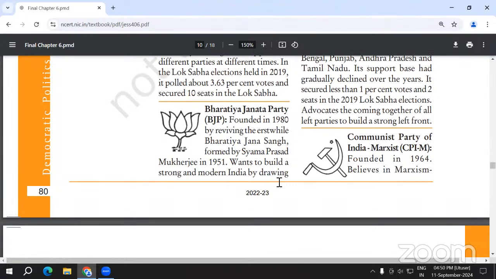Afterwards it declined, with no support base. But in 1980, the earlier Bharatiya Janasangh was revived and formed into one organized political party. Clear? Janasangh was founded by whom? Shyama Prasad Mukherjee.